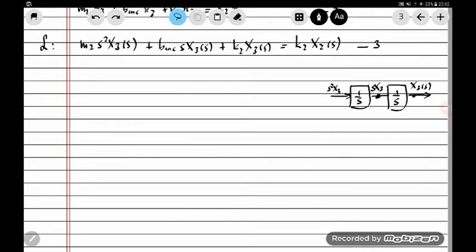If we solve this equation for s squared x3, we get s squared x3 of s is then equal to 1 over m2 times minus b increment s x3 of s minus k2 x3 of s plus k2 x2 of s.